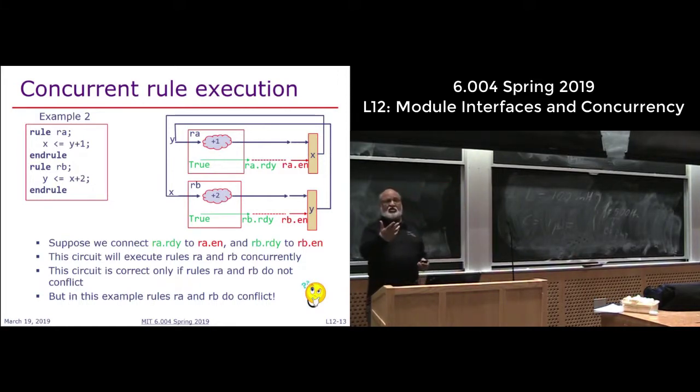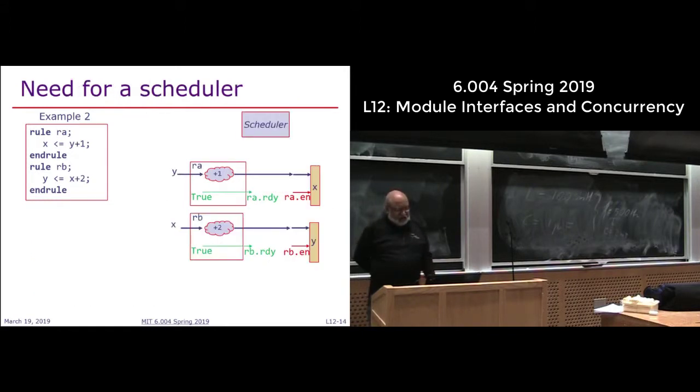The question is, how do we do it? What is the hardware for it? This is where another piece of hardware comes in, known as the scheduler. It's very simple logic, but you have to understand conceptually what it does. I'm going to connect the ready signals of all the rules to the scheduler.